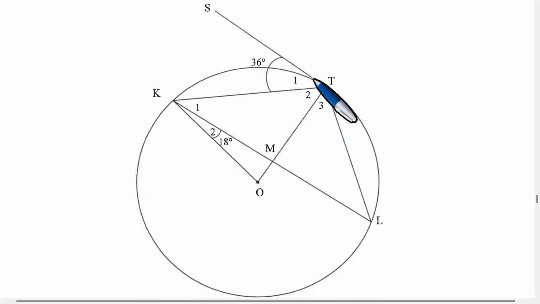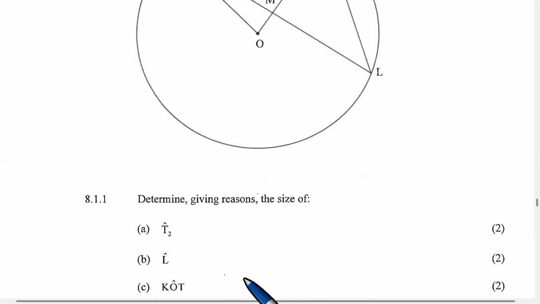Okay, it's easy because now you have a tangent, and this one here is a line drawn from the center to the circumference, called the radius. A tangent is perpendicular to the radius, so this angle is 90 degrees. So to find T2, you start by saying angle T1 plus T2 is 90 degrees, tangent perpendicular to radius. What is T1?